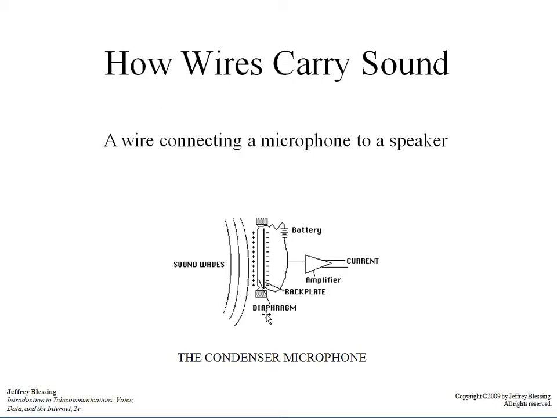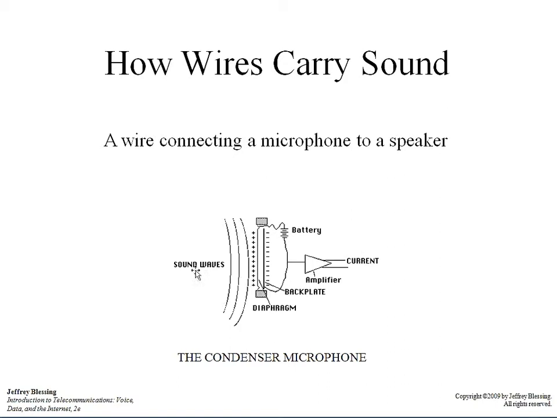Carbon conducts electricity, and so we have a battery with wire connections on each end of the diaphragm so that there's an electrical current, a DC current, that goes through the carbon granules. Now we pick up that current and connect it to an amplifier to strengthen the signal so we can carry that signal a distance over to a speaker that will play it out of the speaker end.